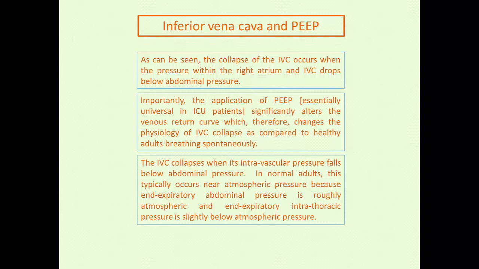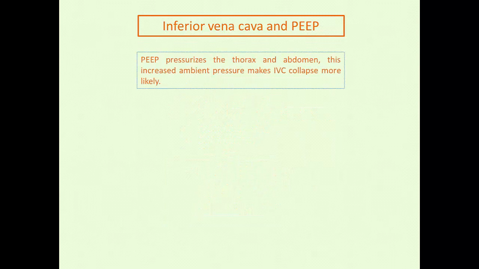So the collapse or the pinching effect tends to occur right around atmospheric pressure. But PEEP changes that significantly. PEEP pressurizes the thorax, and it also pressurizes the abdomen.